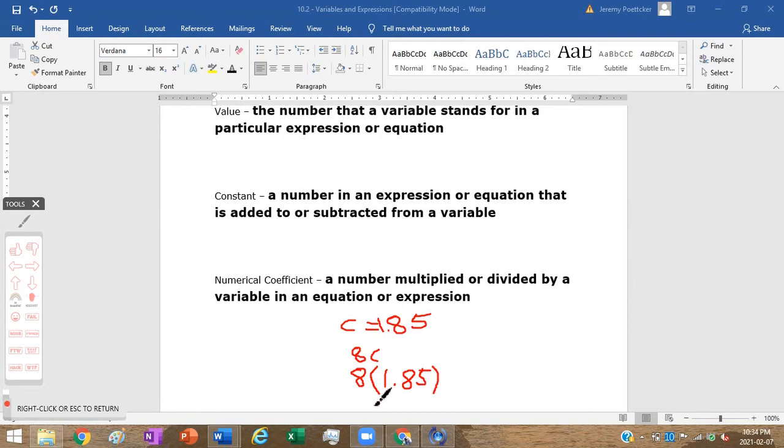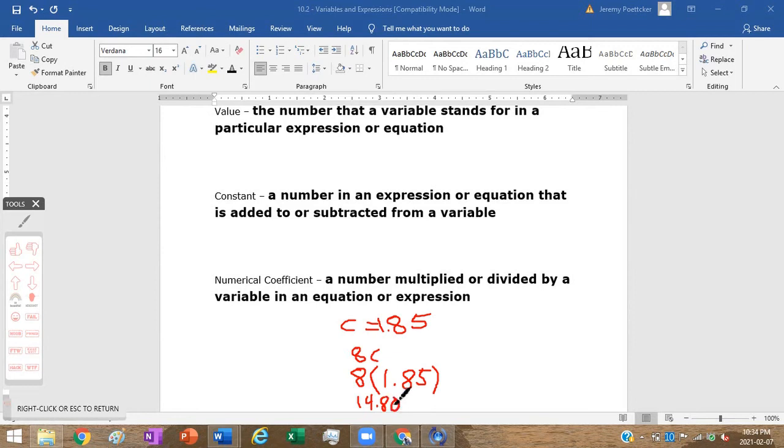Right? So that would be how we would evaluate that particular expression. Again, where the 8 is the numerical coefficient and the c is the variable.